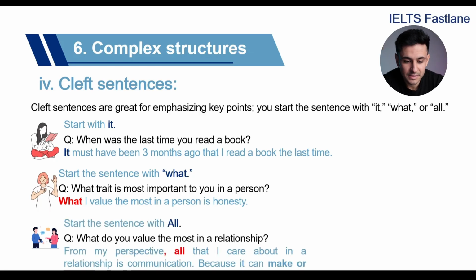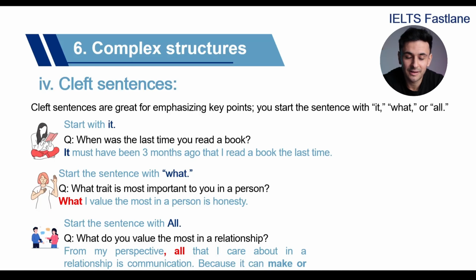And the last one is, if you follow on that topic and then the examiner in part 3 might ask you, what do you value the most in a relationship? You can say, from my perspective, all that I care about in a relationship is communication, because it can make or break the relationship.